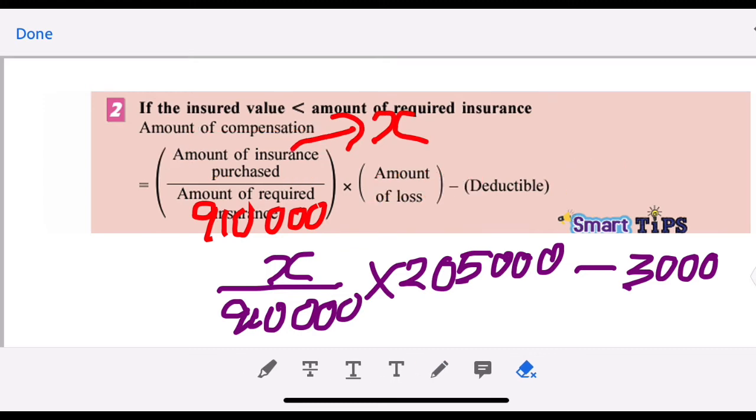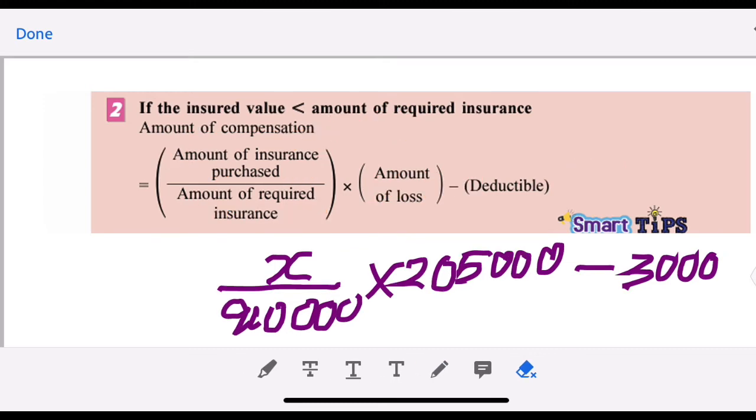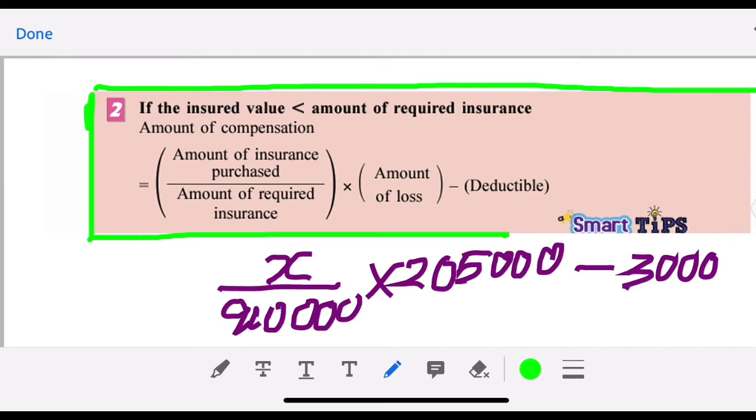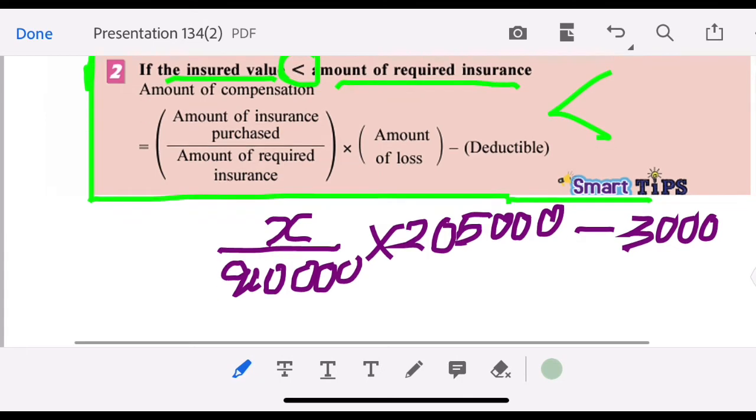So this is a very important formula, so please memorize it, for the case whereby the insured value is less than the amount required by the insurer.